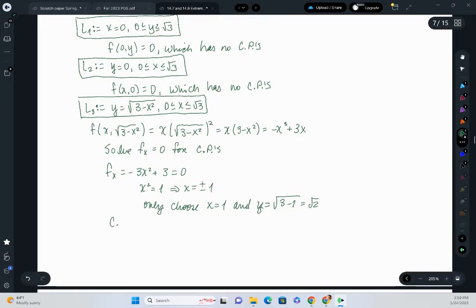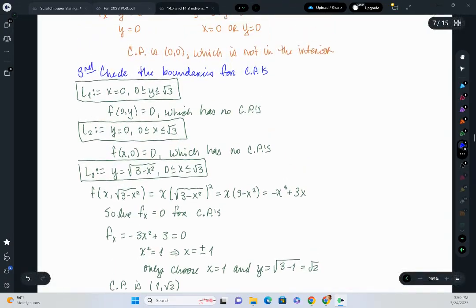Okay, so the critical point is 1 with root 2, and the function value of 1 with root 2, our function is x y squared, so we're going to get 1 times root 2 all squared, which is 2. Okay, I'm going to go along. Here's one of my critical points, the value.